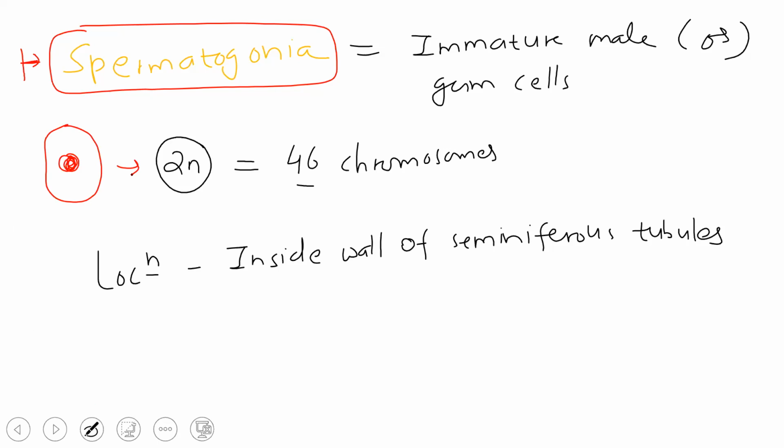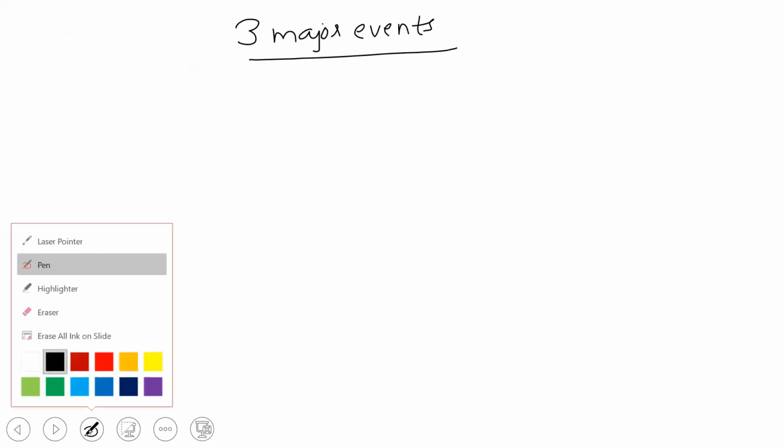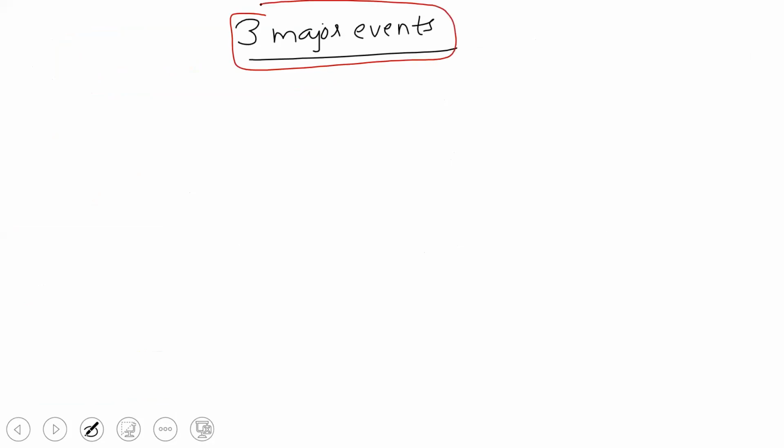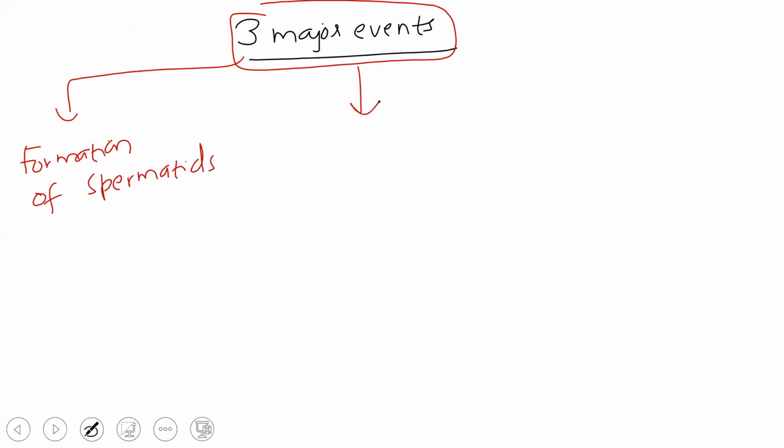Now there are three major events which happen in spermatogenesis, which we are going to discuss. Remember the number of chromosomes, and they are diploid cells. The entire process is not given completely in your textbook, but nevertheless questions have been asked, so I have to teach in that manner. There are three major events. First is the formation of spermatids. Wait, I will explain what it is.